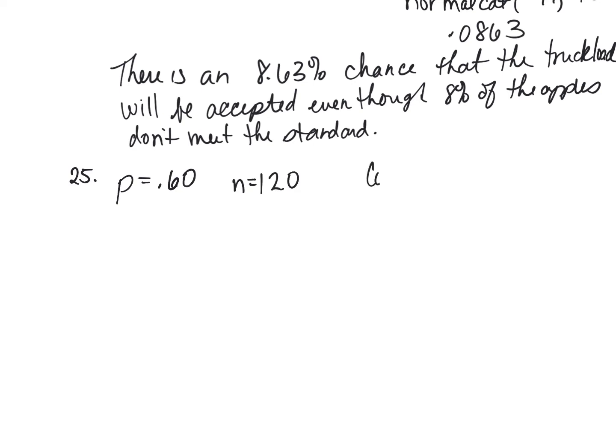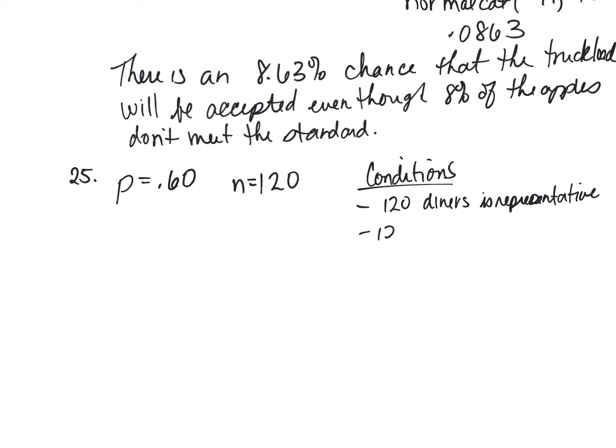Okay, so conditions. We're going to say that the 120 diners, on any given day, is representative of their clientele. It's clearly not a random sample. You're not randomly picking people to come have dinner.